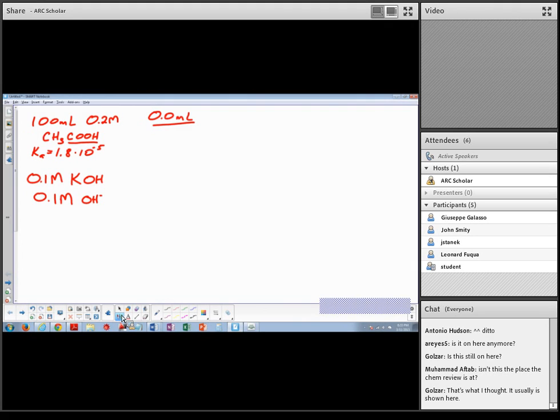Use the chart. Okay, we've got to use the chart. First off, our reaction. What's the reaction that's happening here? If it's a weak acid, is it going to be donating a proton or gaining a proton?